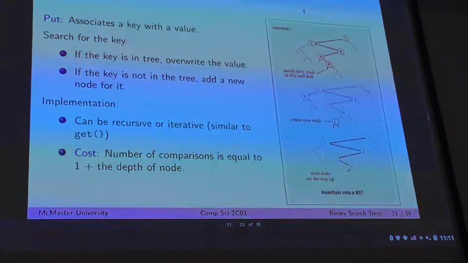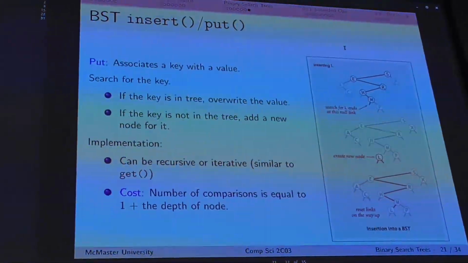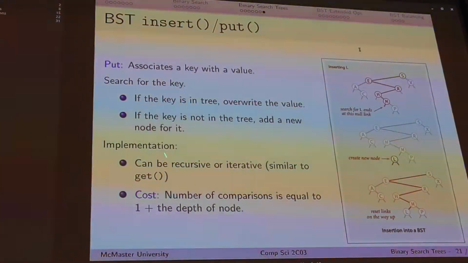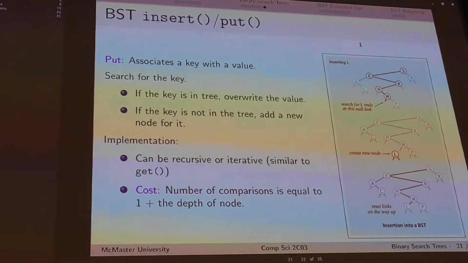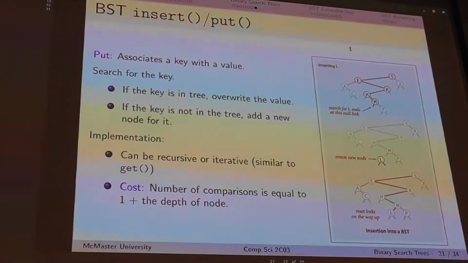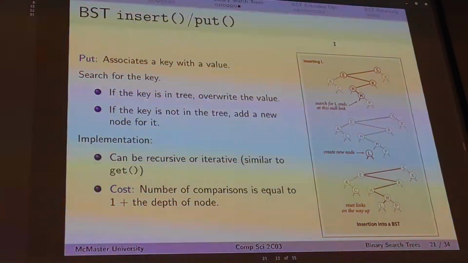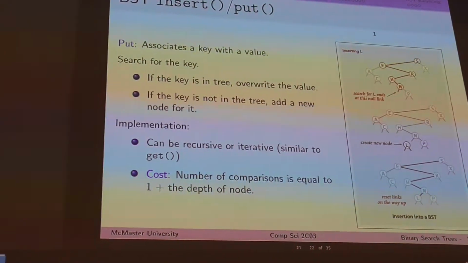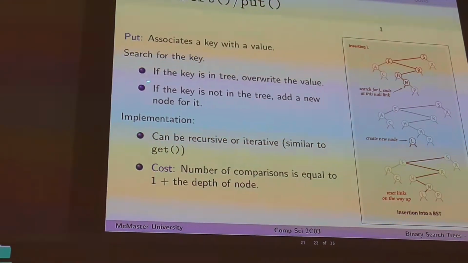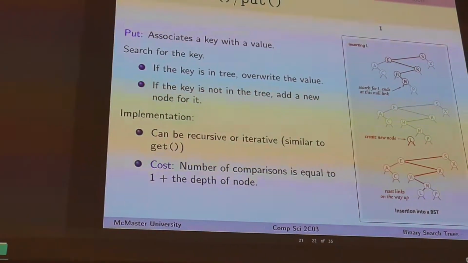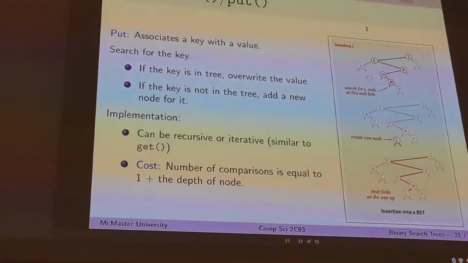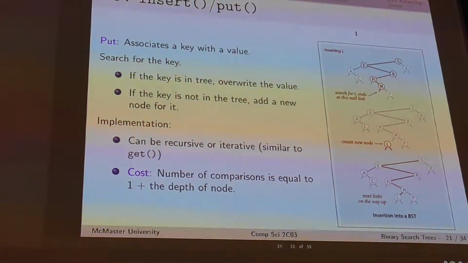So our BST put or insert operation associates a key with a value. Taking the insertion procedure and generalizing it to put, remember that put will overwrite a value if it finds it. So you perform the search operation, and if you find the key, then you overwrite, and if you don't find the key, then you insert.